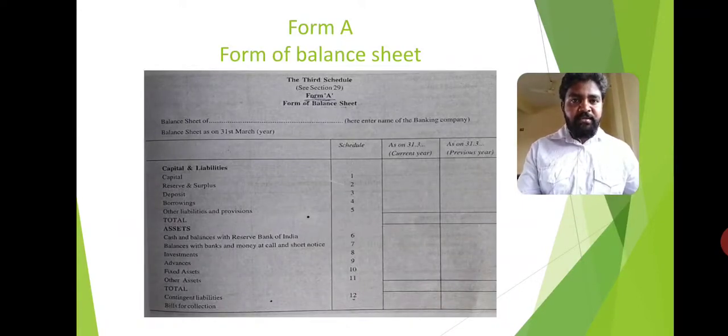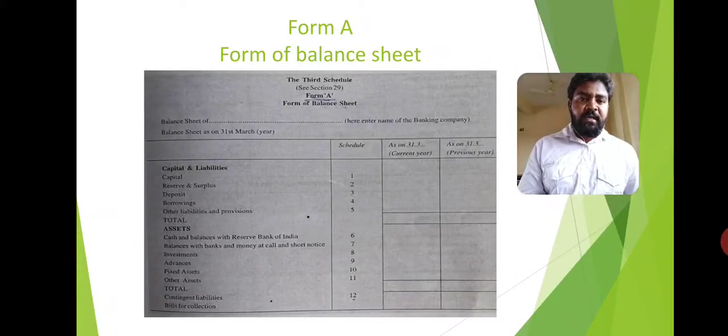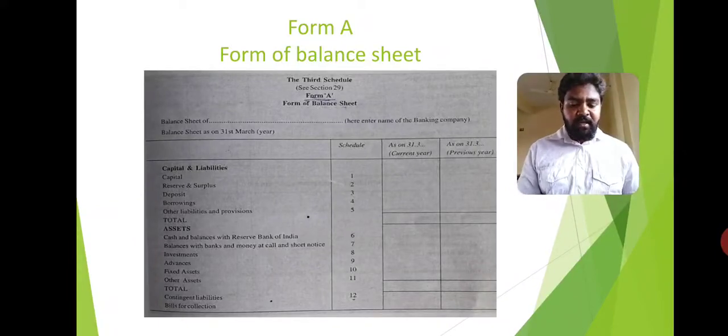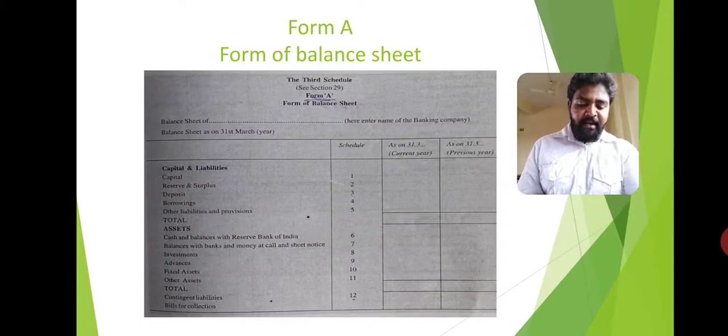Then come to schedule number 2, that is reserves and surplus. Actually there are many types of reserves, that is statutory reserves, then capital reserve and share premium and revenue and other reserves. Here opening balances, additions during the year and deductions during the year. This information is to be considered under schedule number 2.